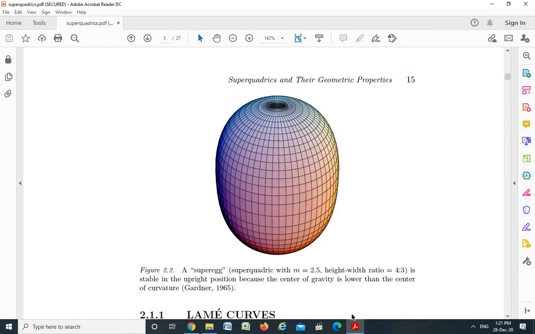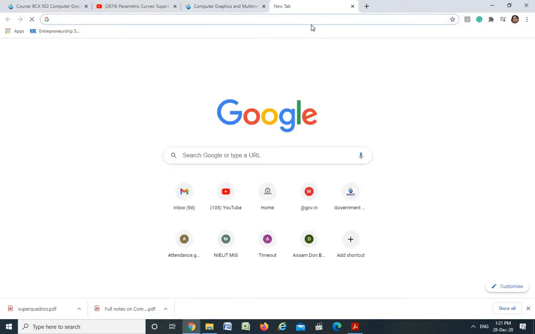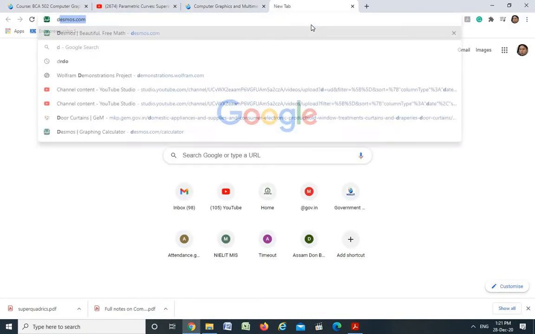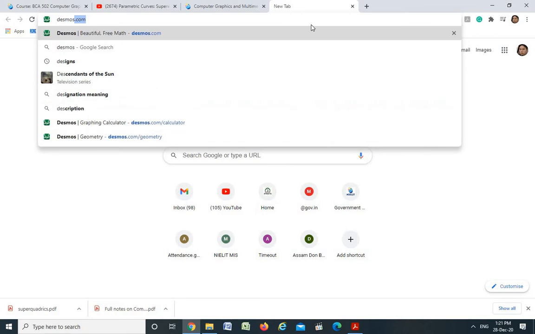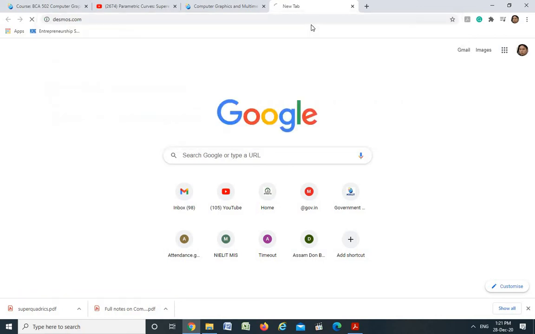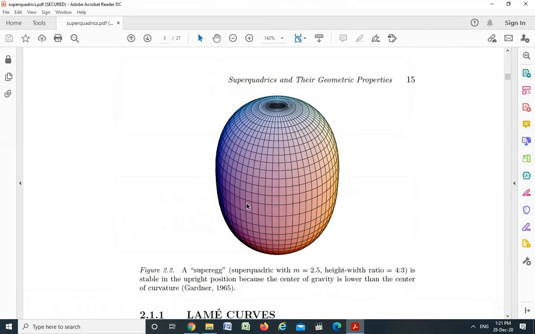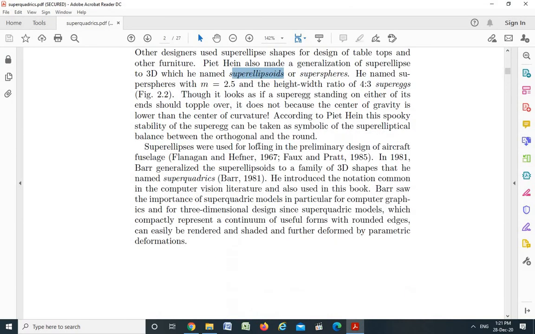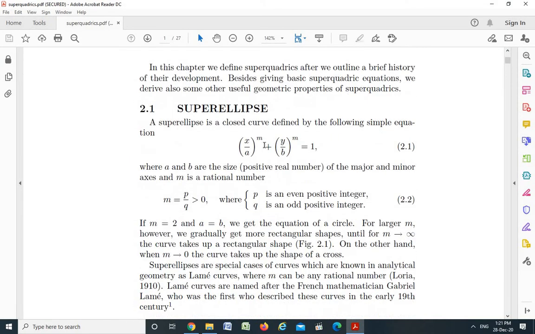Before we move on, in your browser type desmos.com. As we know, we already have a formula for superellipse, which is given as this.